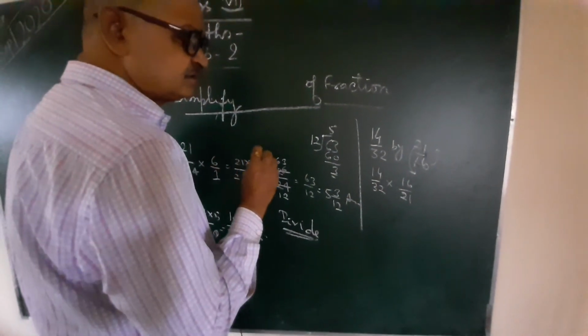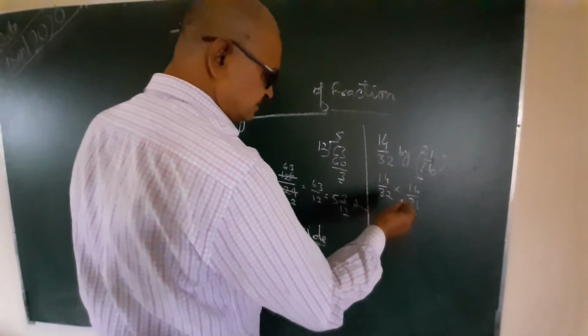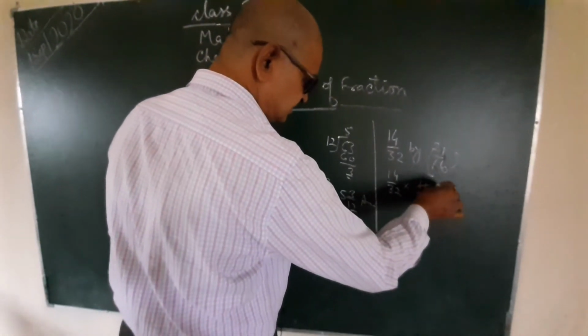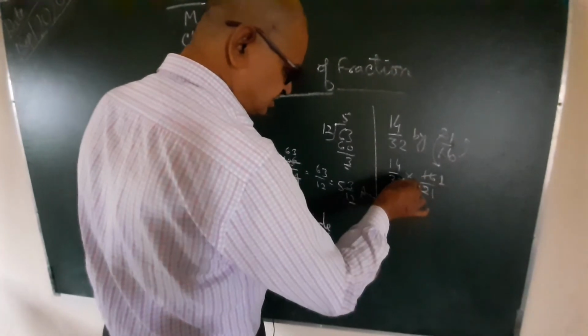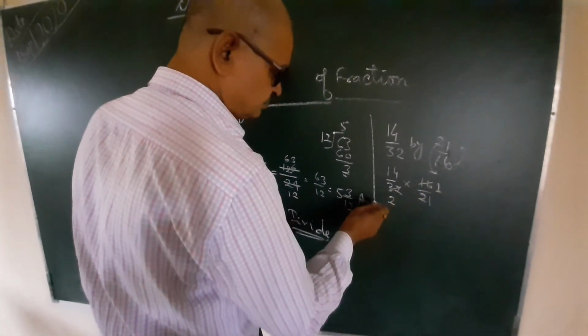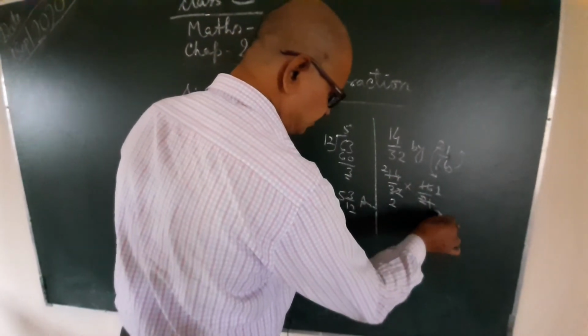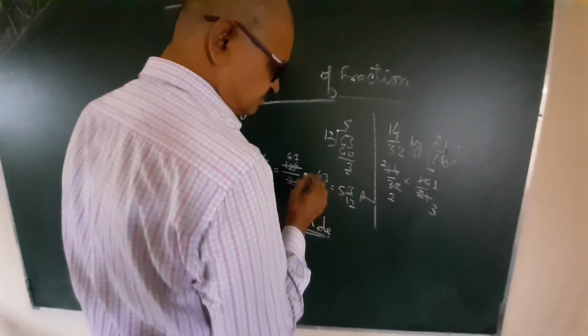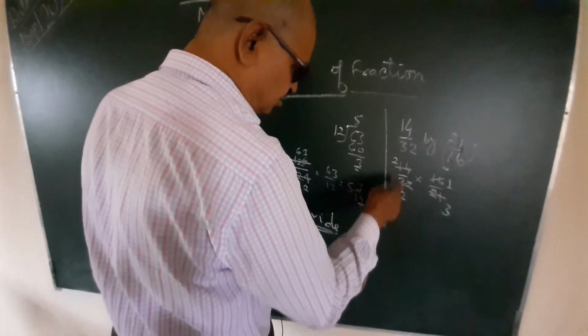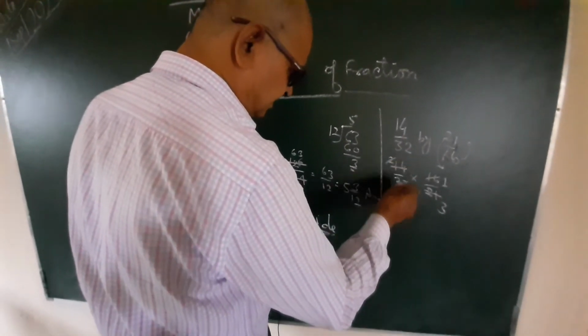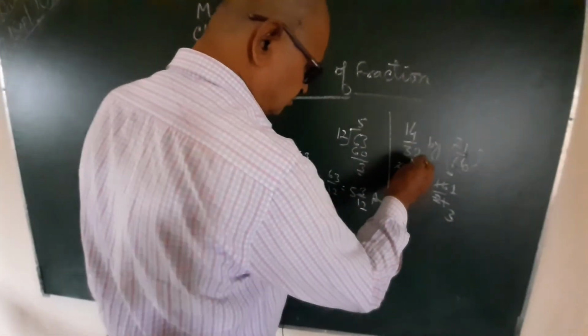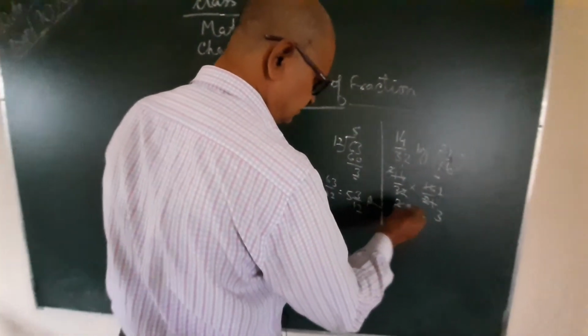Then we check to cut across. 16 ones are 16, 16 twos are 32, 7 twos are 14, 7 threes are 21. Here is the same number 2 and 2, so this will cut by 2, 1 and 1.